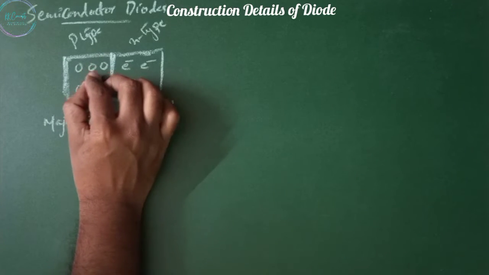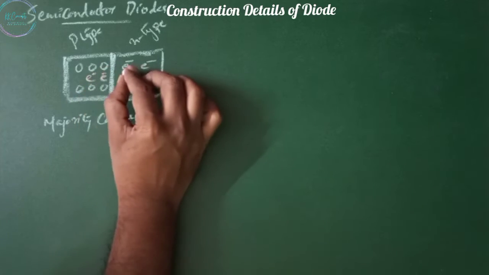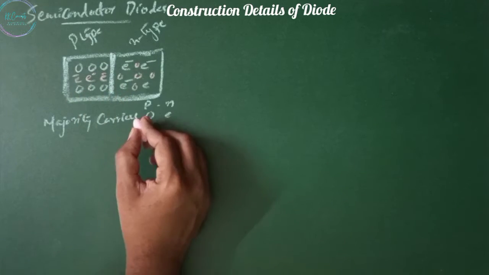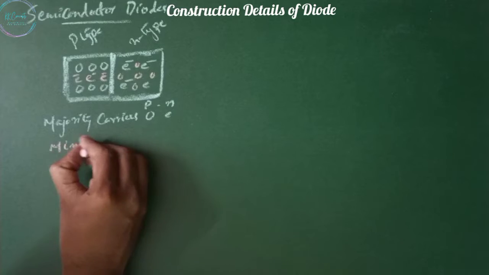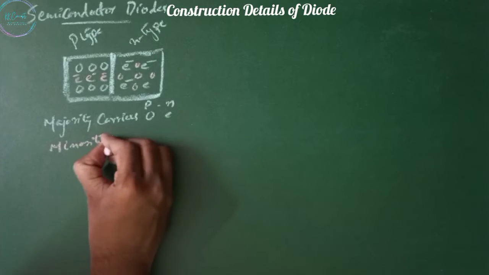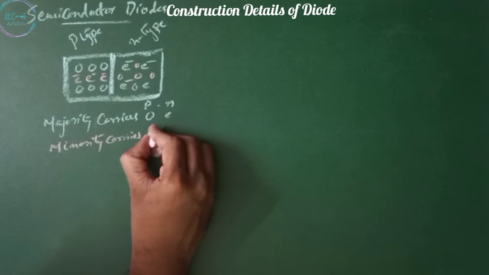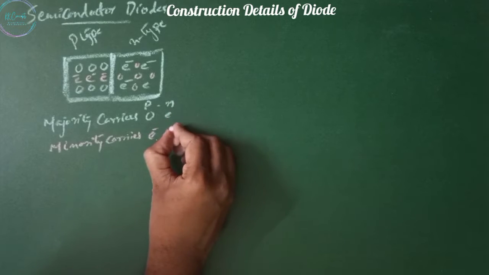Here we also have electrons in P type and holes in N type, as minority carriers. In P type it is electrons, in N type it is holes.